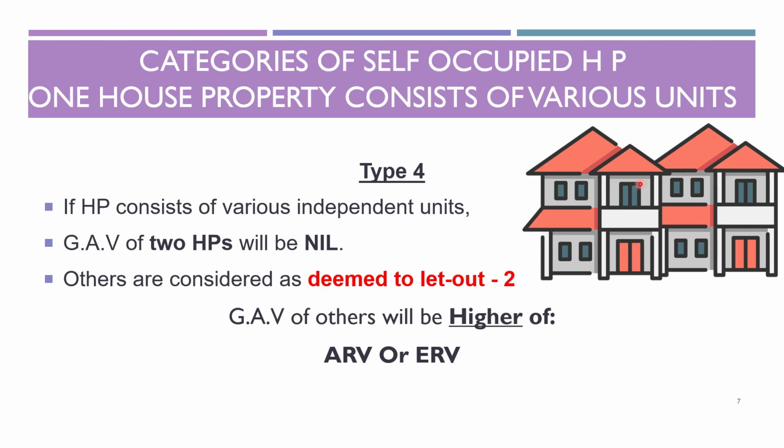So this house property is one single property. The entire property is one single property, but there are different units. This has a number, this has a number, this has a number, this also has a number. This is a big house. So the assessee can claim any 2 as self-occupied and the other 2 will be considered as deemed to let out. So this is the second type.